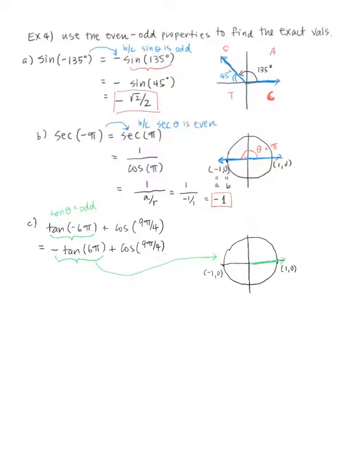If I revolve 6 pi, you're going to have to go 1 pi, 2 pi, 3 pi, 4 pi, 5 pi, and then 6 pi. Okay, so it looks like we're going to land at 0 degrees right there. So keep that in mind.